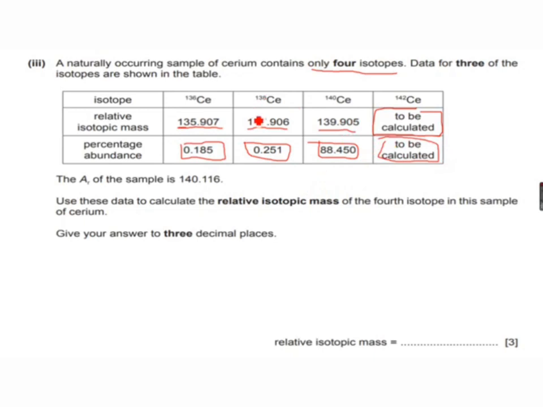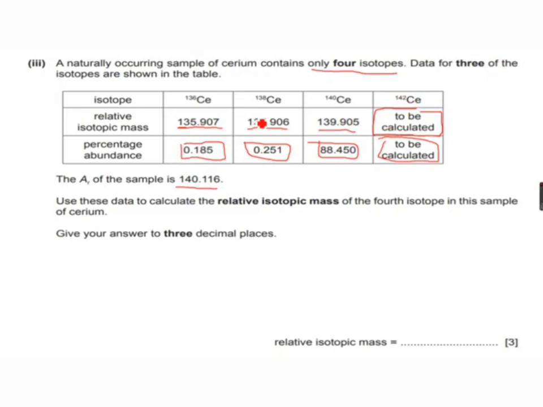So we don't know the percentage abundance, we don't know the relative isotopic mass, and we are given the AR of the sample. So we are given the AR and we need to calculate the percentage abundance and the isotopic mass of Ce-142.